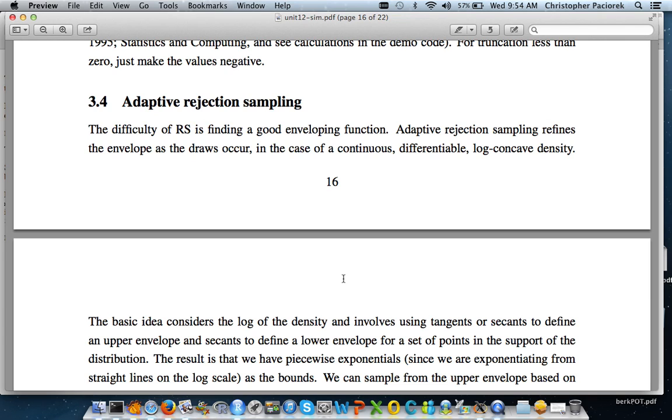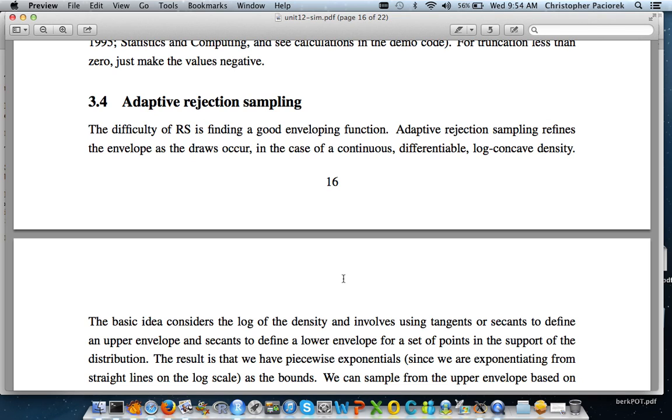I guess we'll just try the tangent version here. So what am I going to do? I'm going to draw a tangent here. By virtue of the fact that this is a concave function, I know that this is going to be above the function everywhere except where it touches. Now I'm going to draw another one here, and another one here.